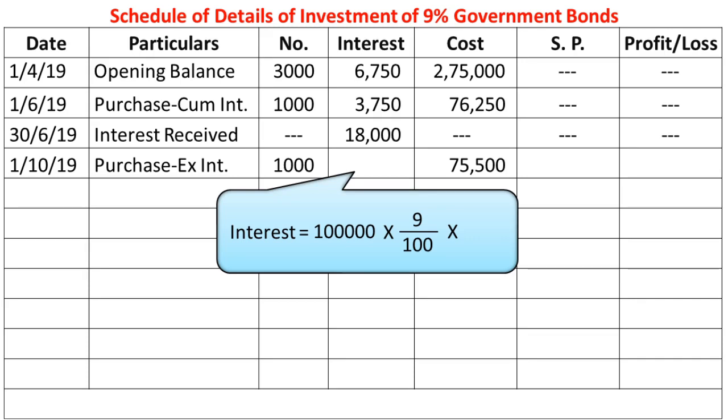So the next months are July, August and September. 3 months have passed because we purchased the government bonds on 1st October. So we will calculate this accrued interest or outstanding interest only for the period of 3 months. So 3 divided by 12, the answer is 2,250 rupees.